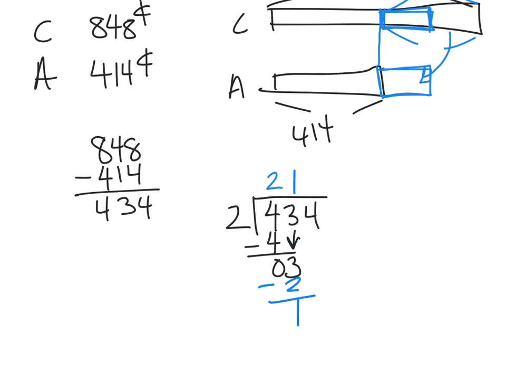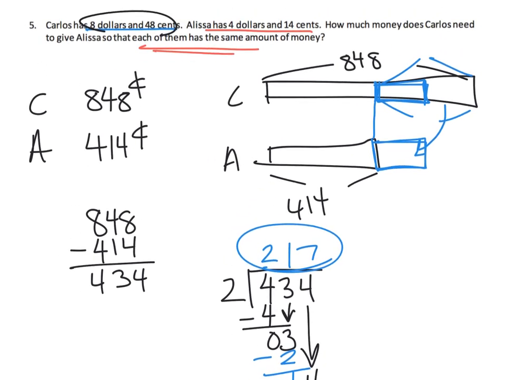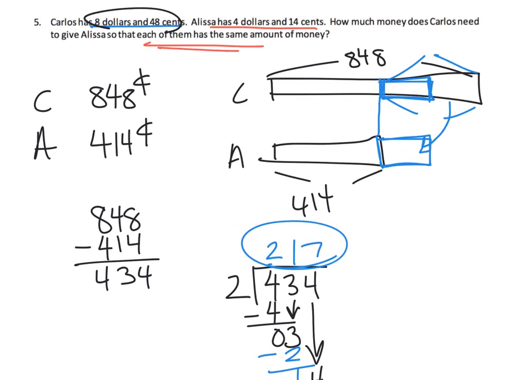And you have 1 ten left over. And then you bring down these 4 ones, so now you have 14 ones. And 2 goes into 14 ones 7 times, so that's your 14, and you got nothing left over. So that tells us that Carlos is going to give 217 pennies to Alyssa, and they will now have the same amount of money.